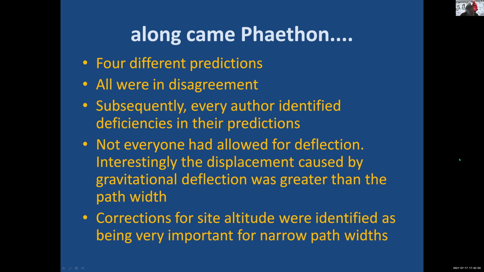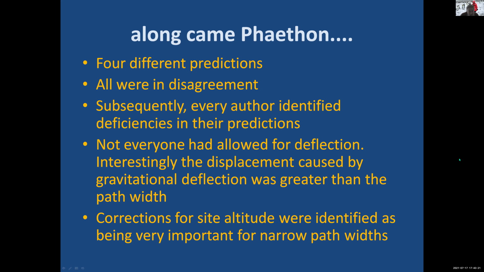After the event, we all went through it and everyone found deficiencies in their predictions. Because this asteroid was relatively small, nobody had actually paid attention to their code, which had been developed in the previous decades, to having the requisite level of accuracy or precision for small asteroids.